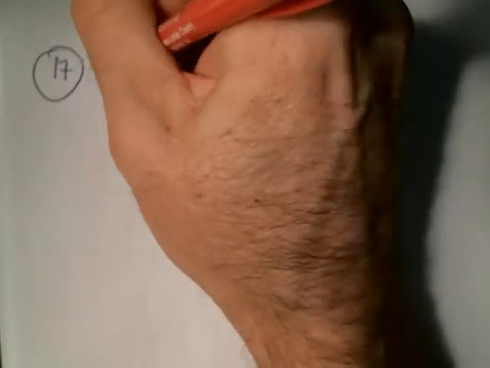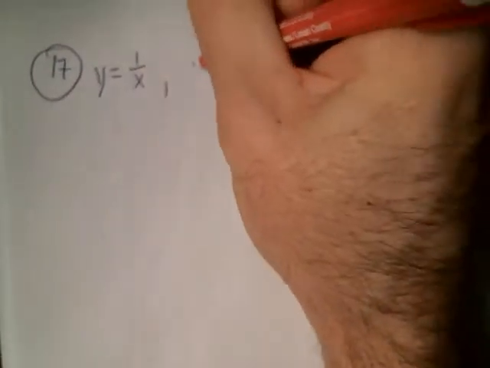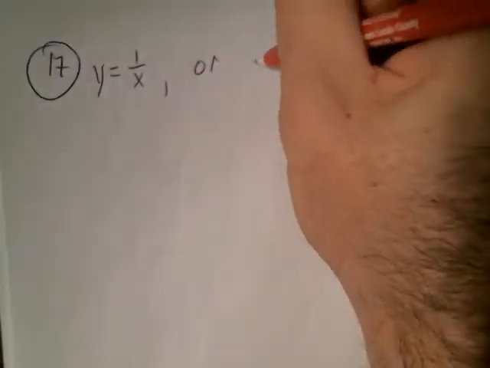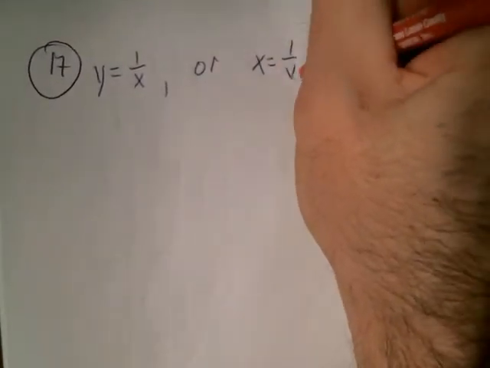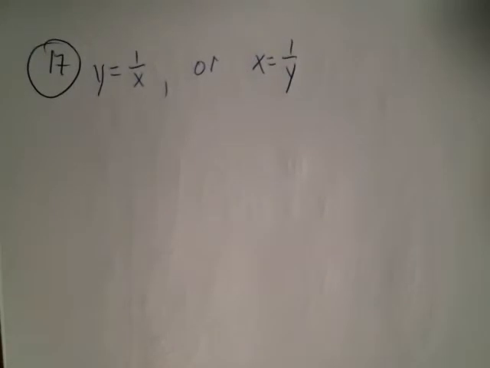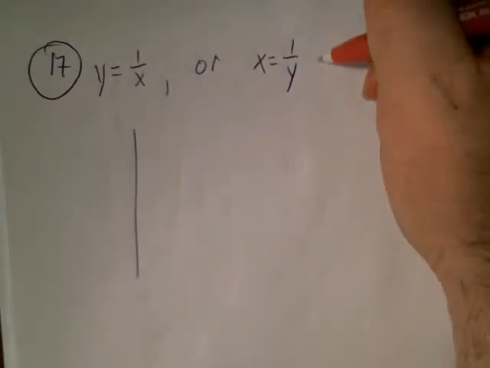Okay, let's take a look at number 17. So we have y is 1 over x. Just in case we need it, let's rewrite it as x is 1 over y. I believe the book is showing you the region they want traced out.